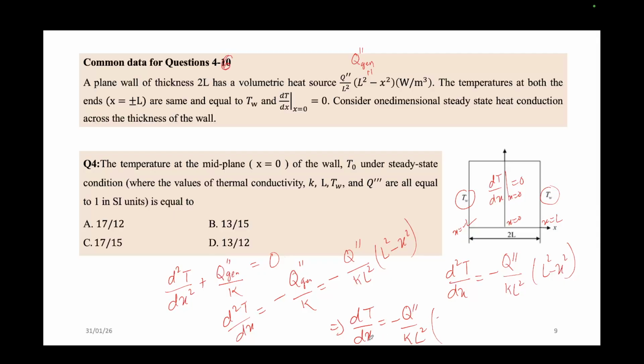No, it is with respect to x. L square is constant. So L square into x will be there, and x is variable. Integration of x square is x cube by 3 plus a constant. Up to this, okay?